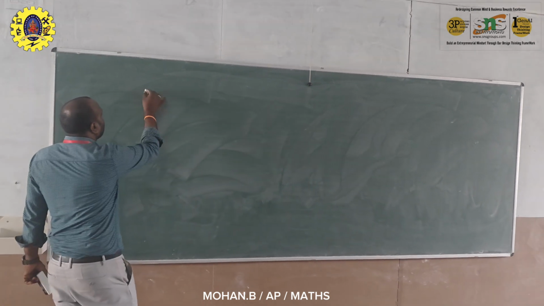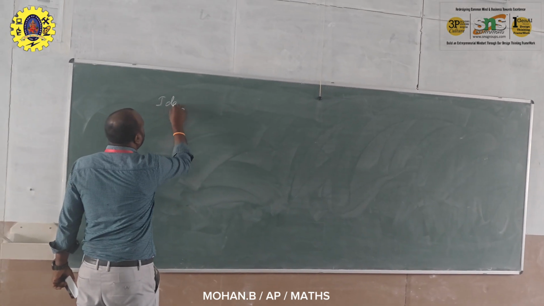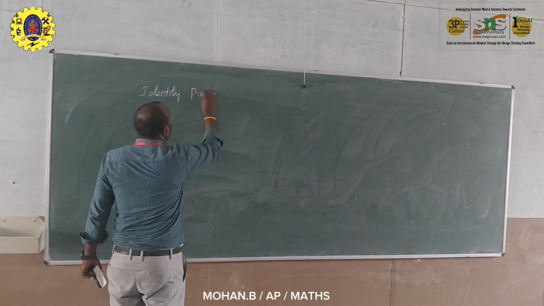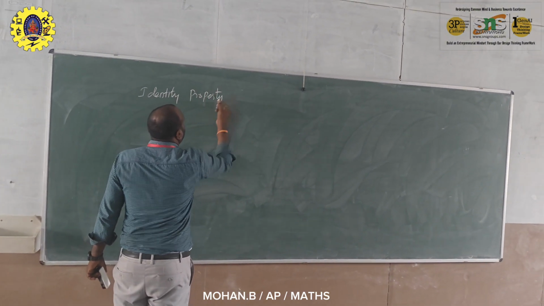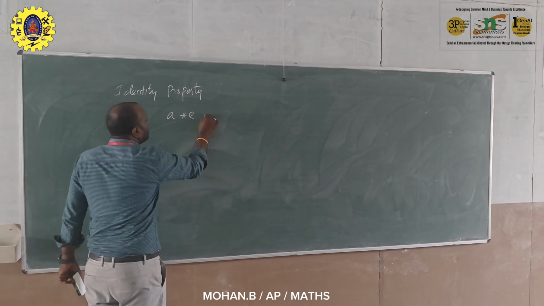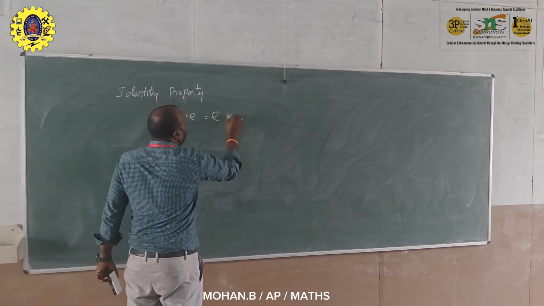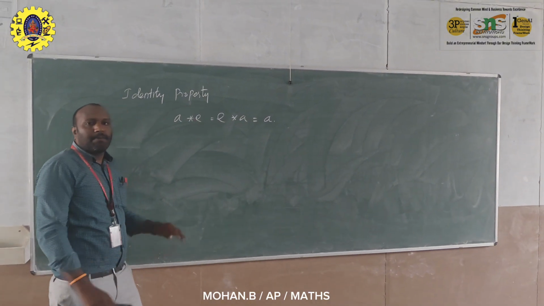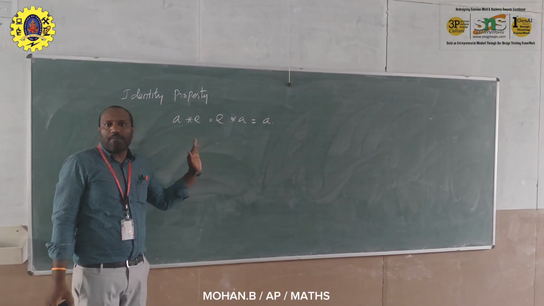First of all, the basic identity property is that A star E is equal to E star A is equal to A. So this is the basic identity property.